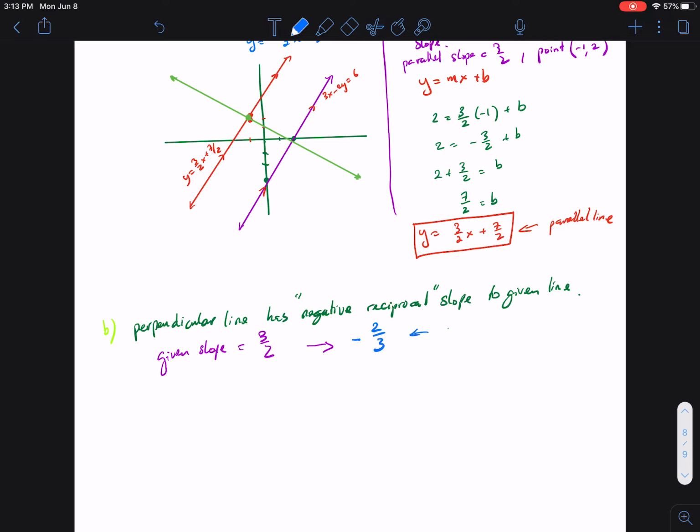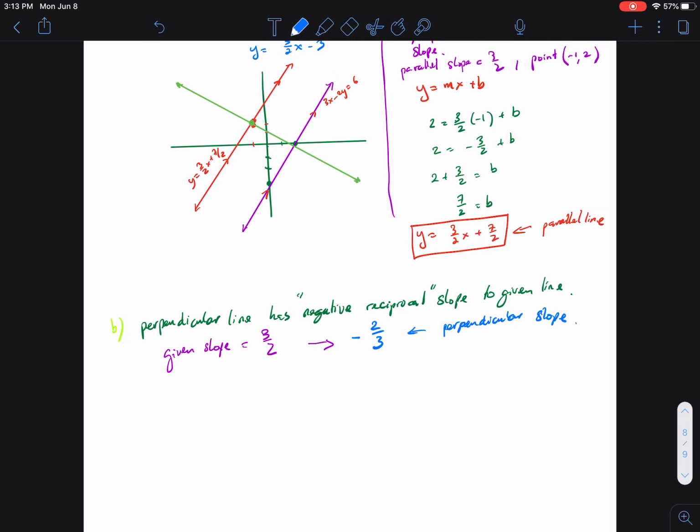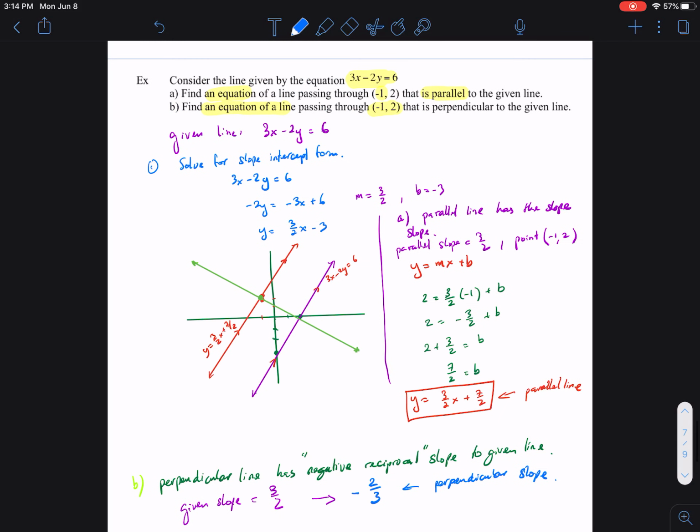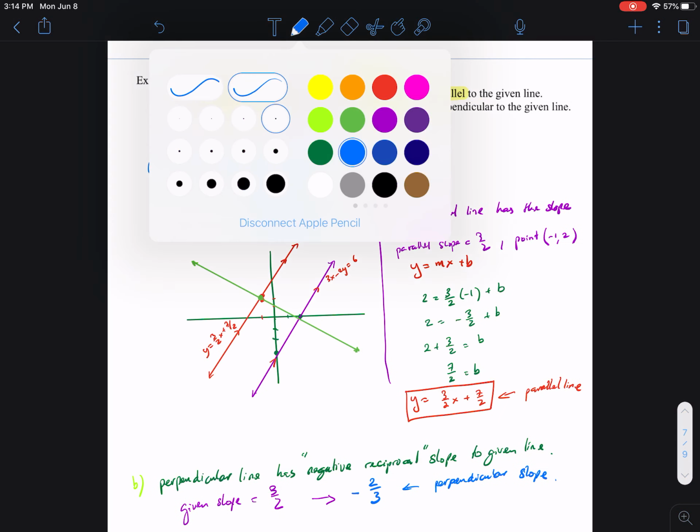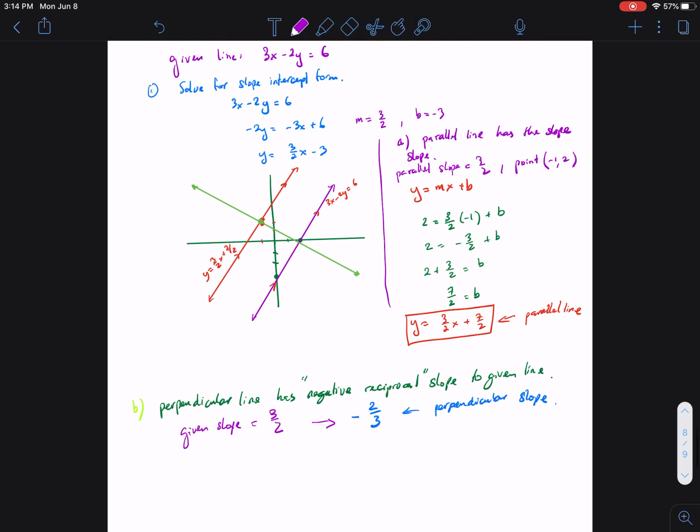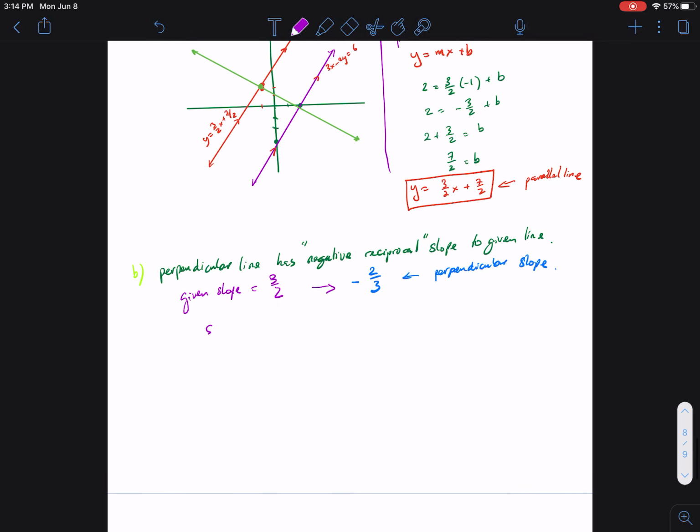So that's the perpendicular slope. Now we're trying to find the equation of the line through the same point again, so that makes it easier. The slope is -2/3, and the point is -1, 2.